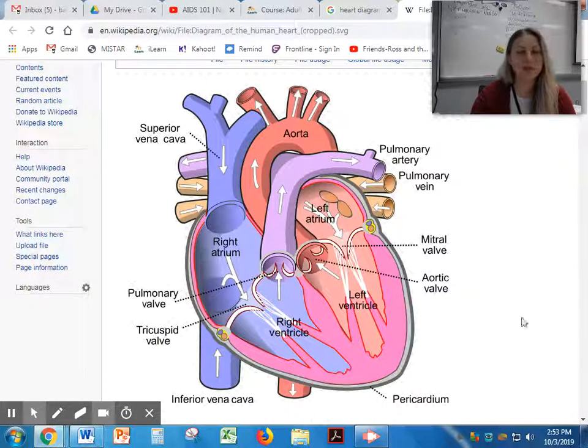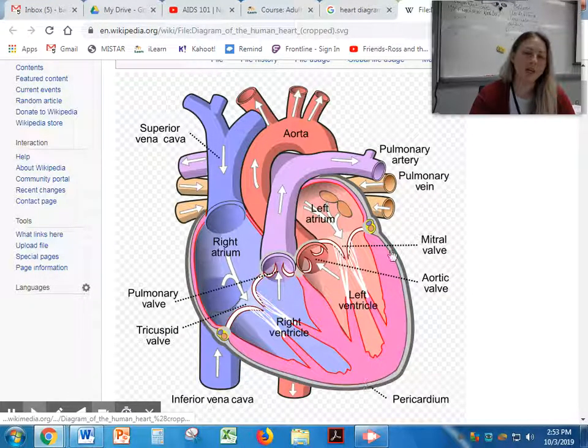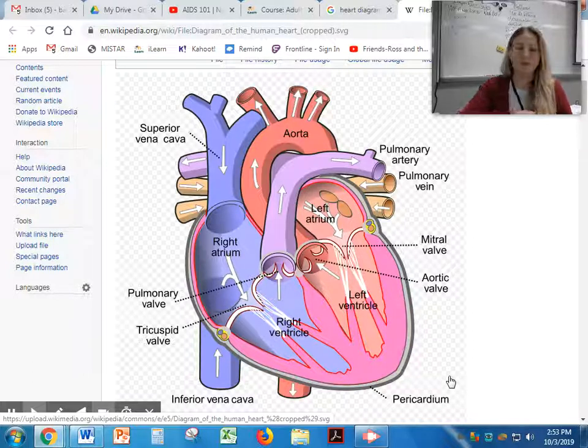All right, so an apical pulse means that you're taking it from the apex of the heart, which is where it kind of comes to a point down here. And you would place the stethoscope over that part of the heart to listen. Okay, so you can listen to how the heart is beating. You can also listen to the rate at which it's beating.